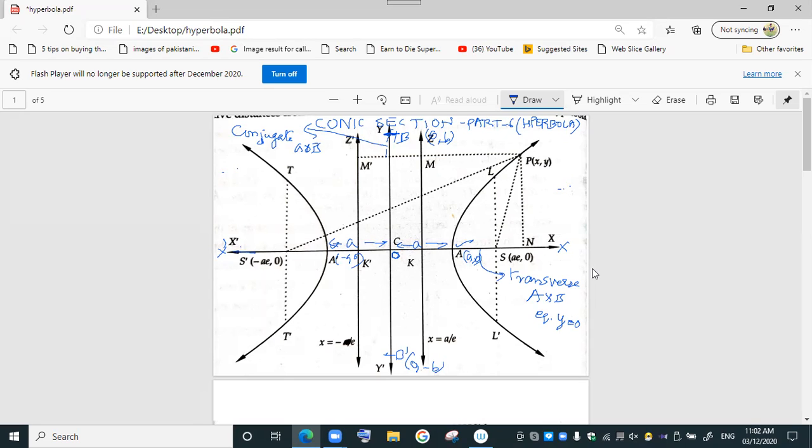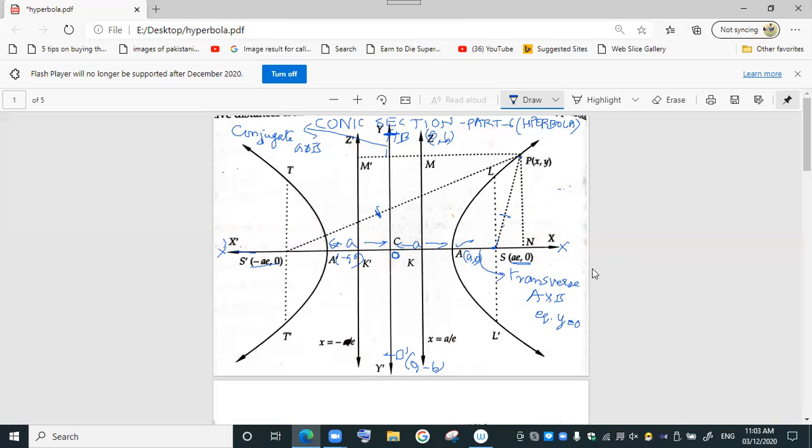The vertices of the hyperbola on the x-axis are A and A', and the foci are the same as we have seen in the case of the ellipse: (ae, 0) and (-ae, 0). Point P traces this curve, at a distance PS from this focus and PS' from the other.